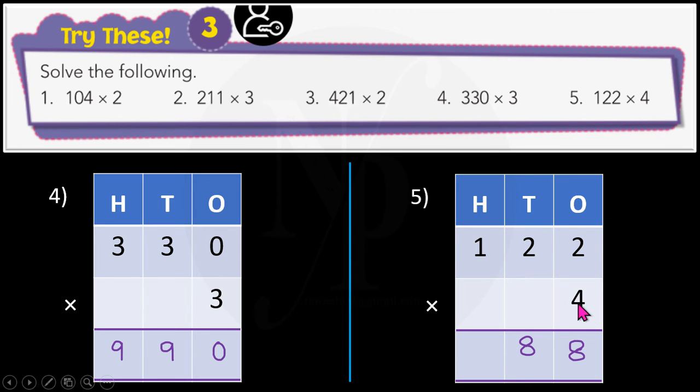So on multiplying 100 by 4 we get 4 hundreds, so we write 4 in hundreds column. The product of 122 and 4 is 488.